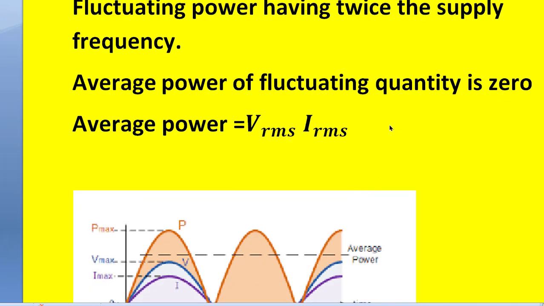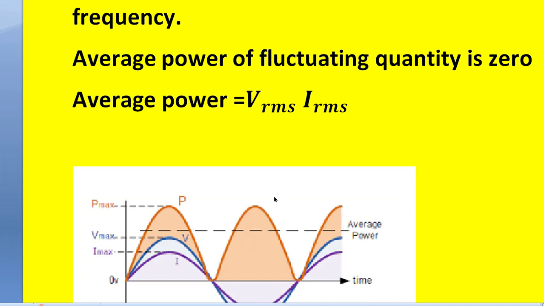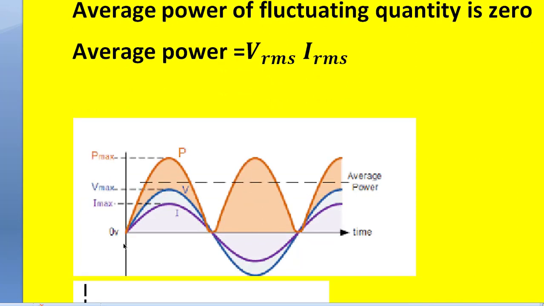If you draw the waveforms for this voltage, current and power, we get like this. This is the current waveform, this is the voltage waveform. They are in phase with each other, meaning they start at the same point and end at the same point.